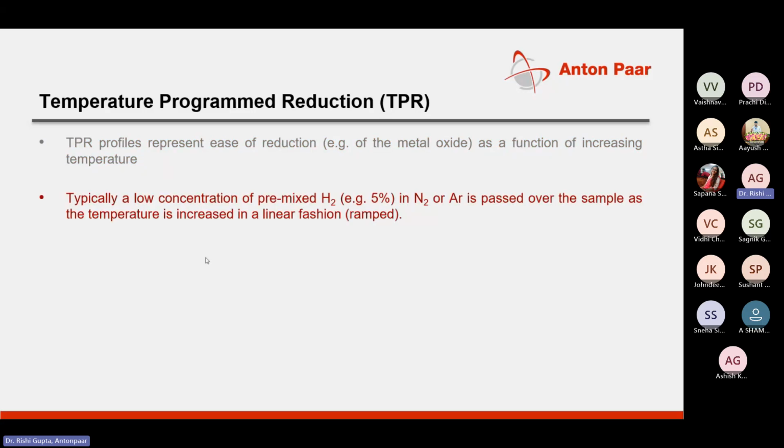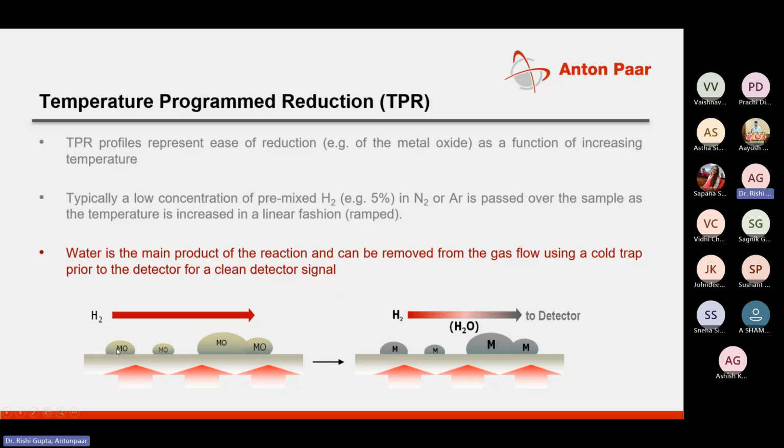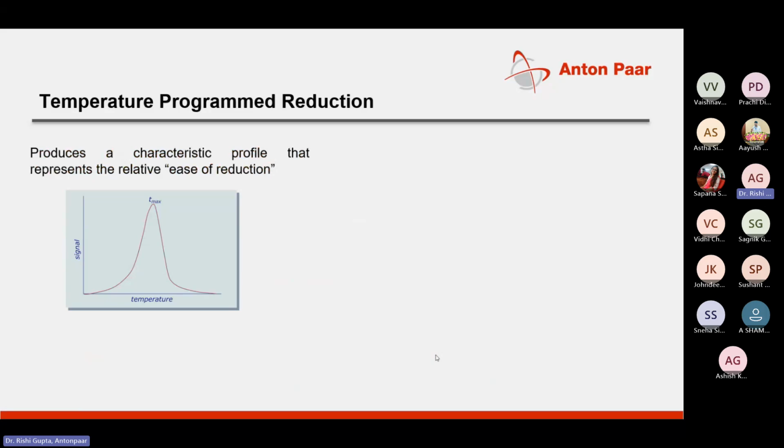We flow this mixture over the sample, and if there is something which can get reduced, the hydrogen will be consumed. And this change in the hydrogen concentration will be detected by the TCD and it will give you a peak. So you will get a signal like this, and we also get to know where the peak is coming. Now this peak will give us the information on ease of reduction, how easily it can reduce or how hard it can reduce. So if the temperature is lower, it is easily reduced. If the temperature is higher, it is hard to reduce.